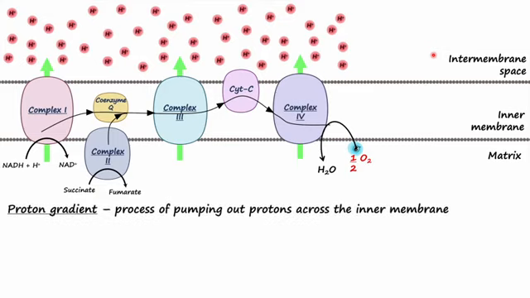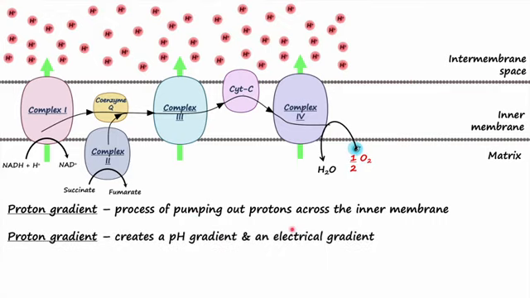So basically, a proton gradient occurs when more protons are pumped out from the mitochondrial matrix into the intermembrane space. And this proton gradient eventually creates a pH gradient and an electrical gradient. The electrical gradient creates more positive charge on the outside of the membrane, in the intermembrane space, whereas the mitochondrial matrix becomes more negative because very few protons are left in the matrix compared to the intermembrane space.